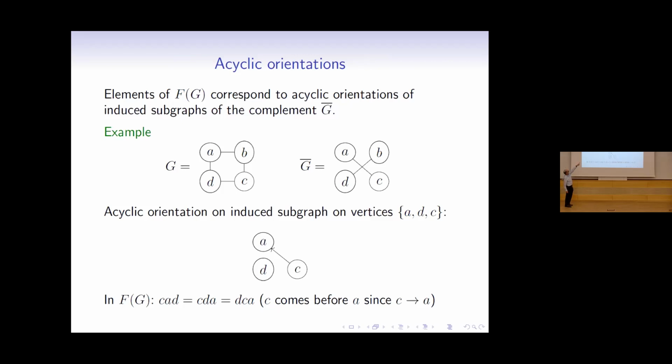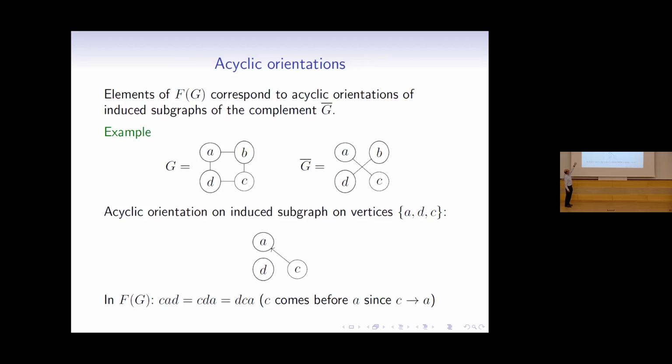The graph tells me that A and D commute, C and B commute, etc. But A and C, and B and D, don't commute. This is a choice in the beginning, some authors do it the other way, but I'm doing it this way. G tells me which letters commute, and G bar, the complementary graph, tells me which letters don't commute.